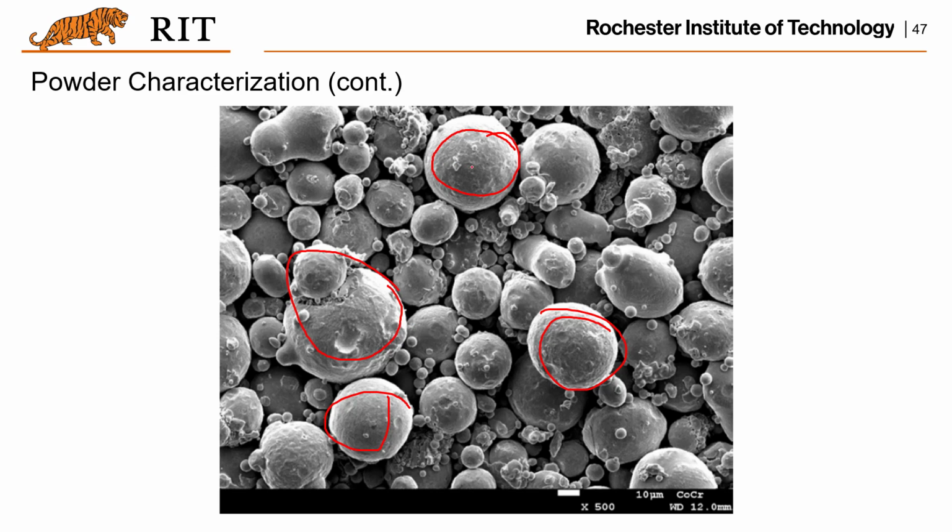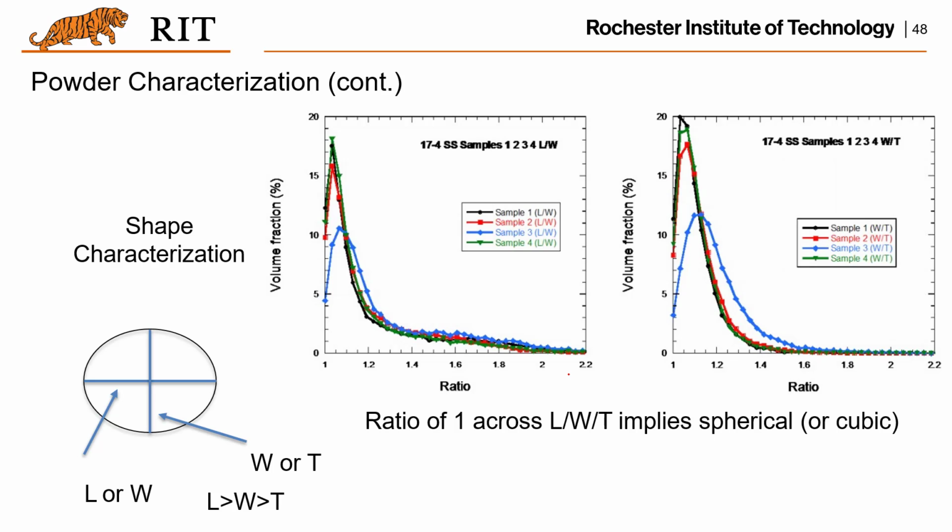So definitely you want something like this, this, and this. Also, how to characterize the powders. Basically, you need to find out the ratio of the powder particles' width and height, so that it could be characterized by looking at these parameters.